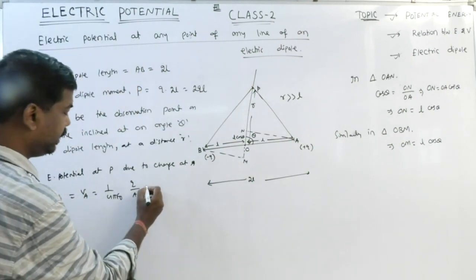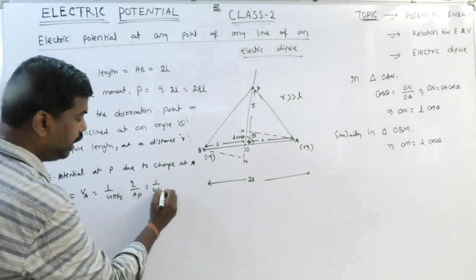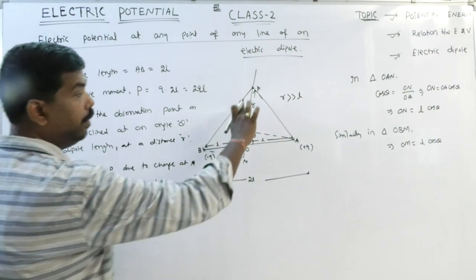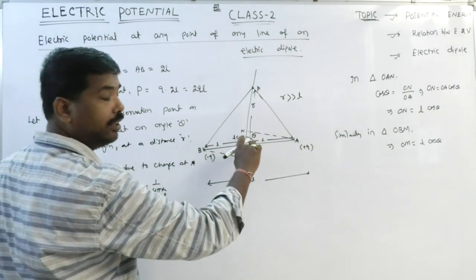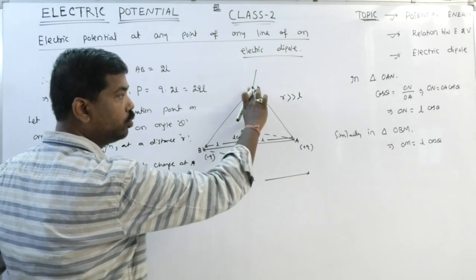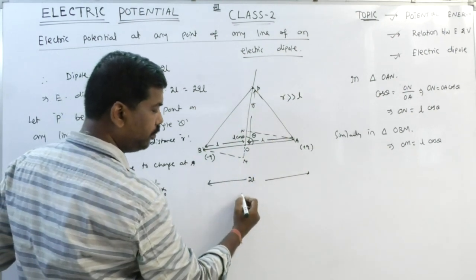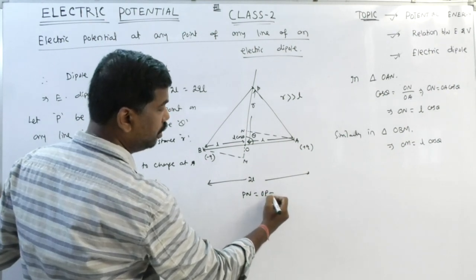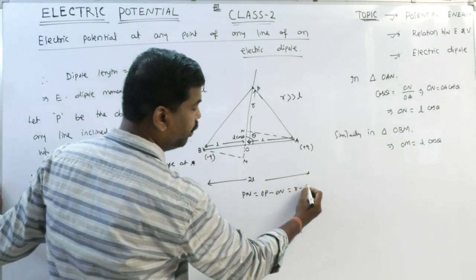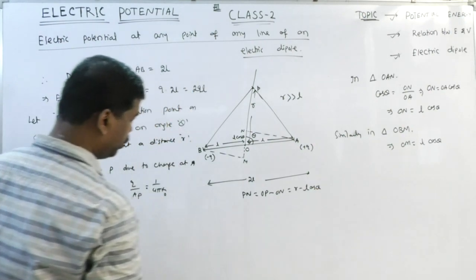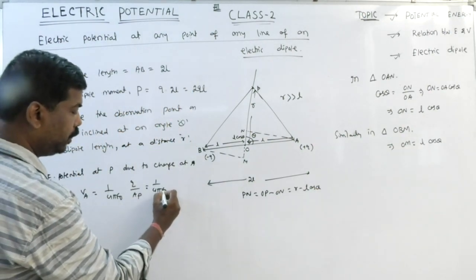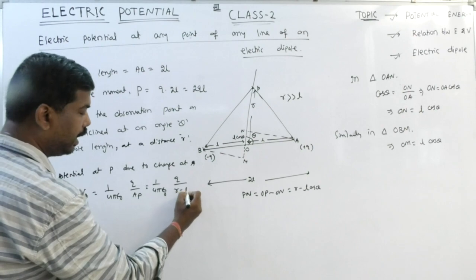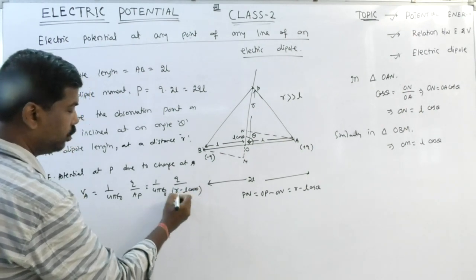PN means total distance is r, and this distance is L cos theta. So PN is OP minus ON, that is r minus L cos theta. V_A is 1 by 4 pi epsilon 0 q by r minus L cos theta.